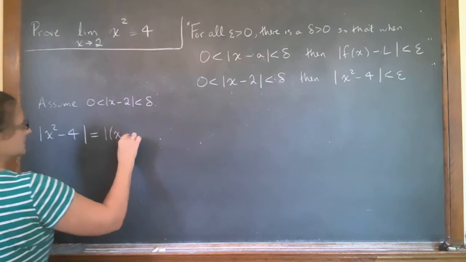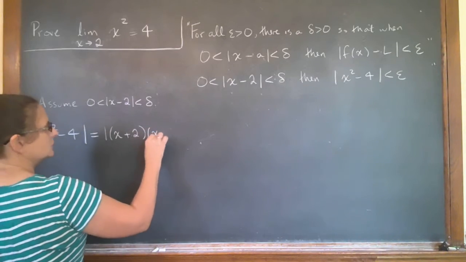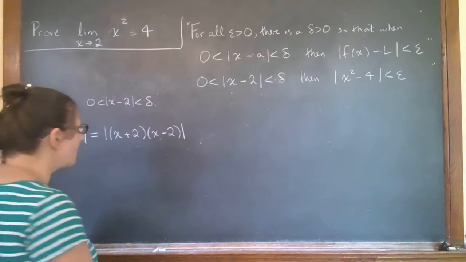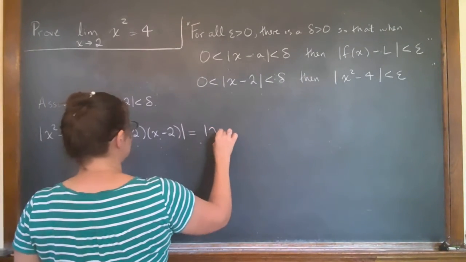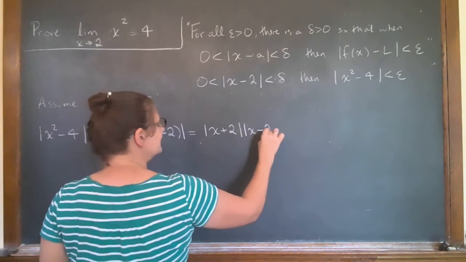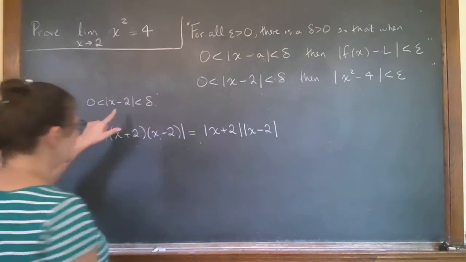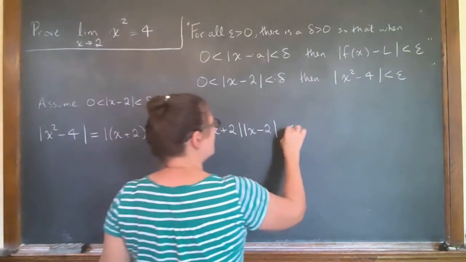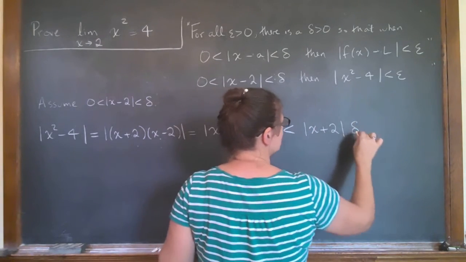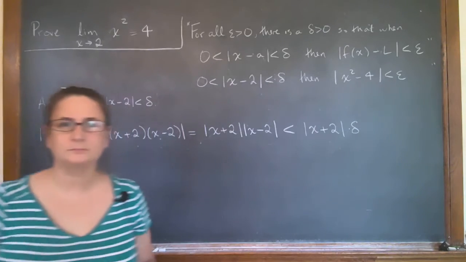This is x plus 2 times x minus 2. And the absolute value of a product is the product of the absolute values. So this just becomes the absolute value of x plus 2 times the absolute value of x minus 2. And then since the absolute value of x minus 2 is less than delta, we get this absolute value of x plus 2 sitting here, and then I just get an extra delta.